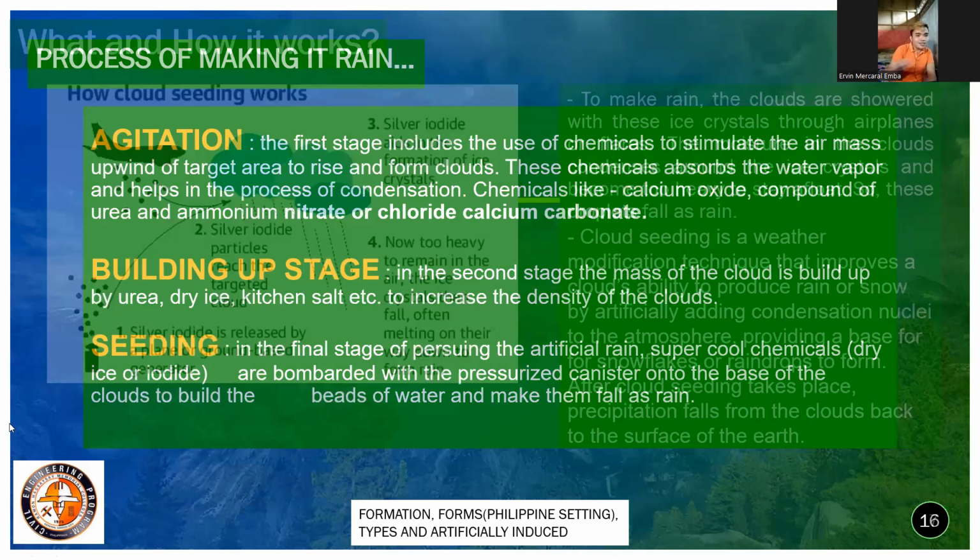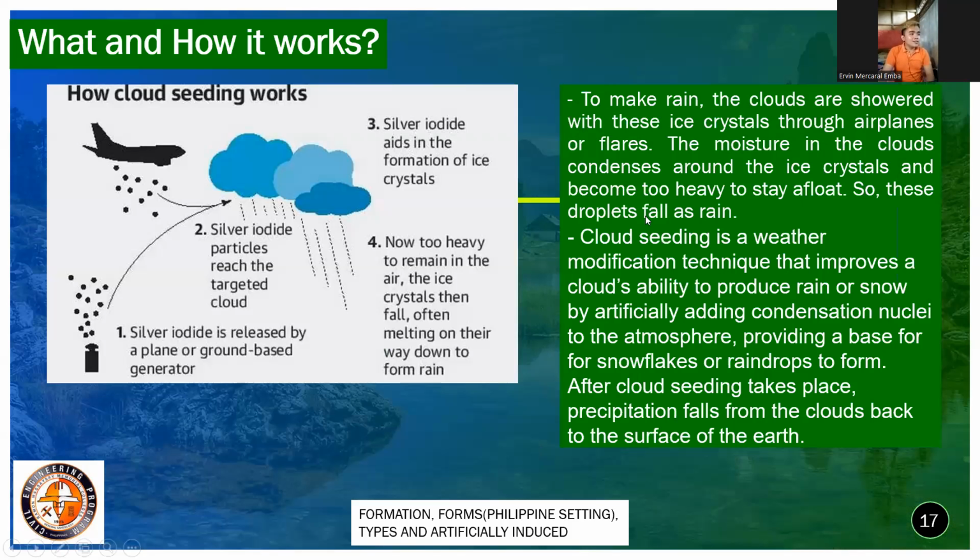So let's proceed. Here is the illustration of how to make rain, what it is and how it works. First is silver iodide released from the plane or ground.